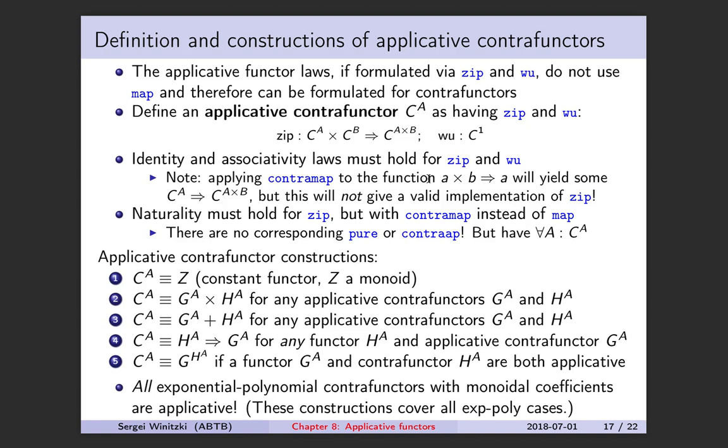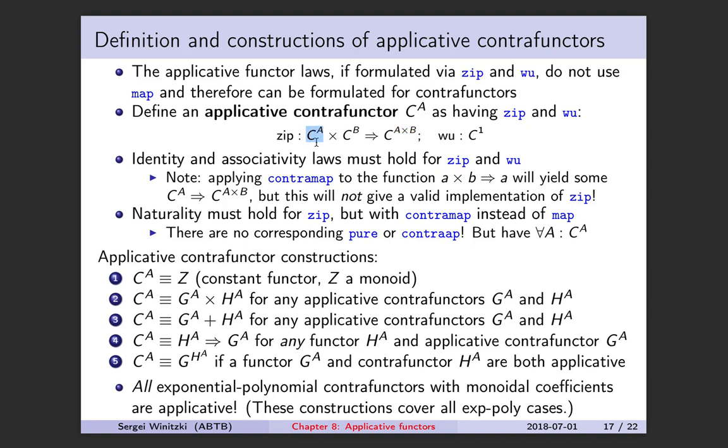Another thing is that we always have a function like this. Just drop B and take the first element out of a tuple. If you contramap with this function of CA, then you get C of AB, because that goes in the opposite direction. So CA with this function goes from here to here into CAB, which looks like what you want to implement the zip.